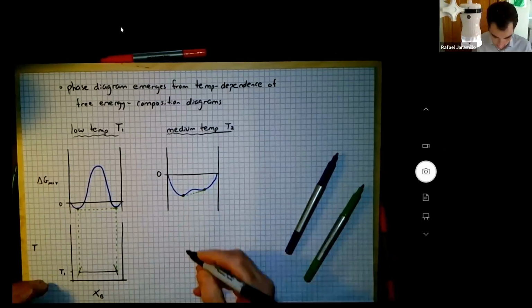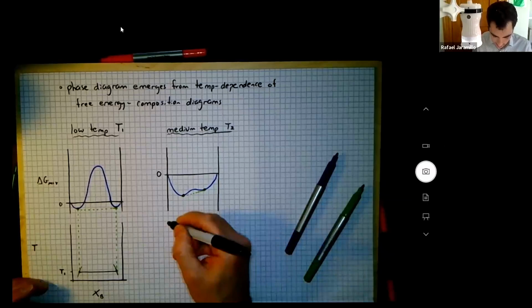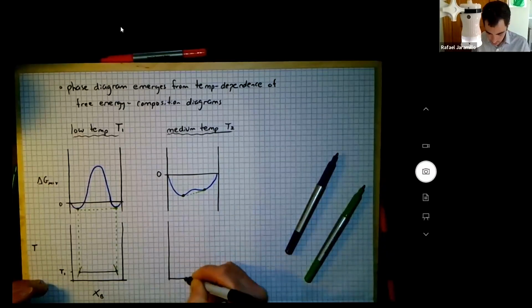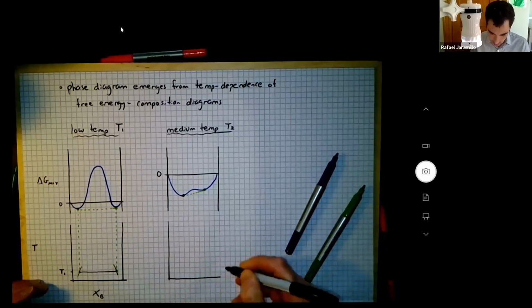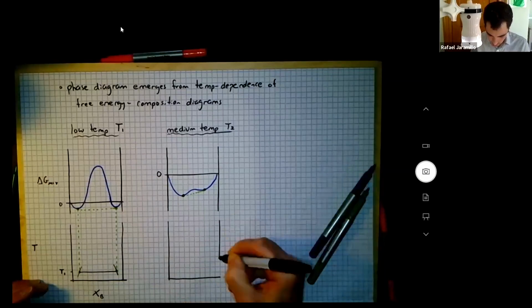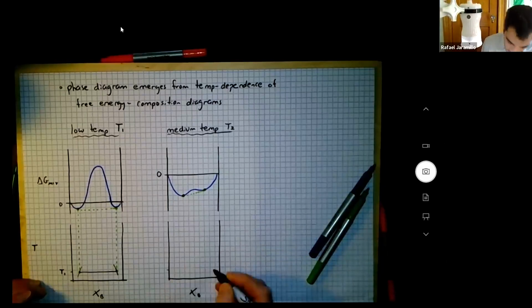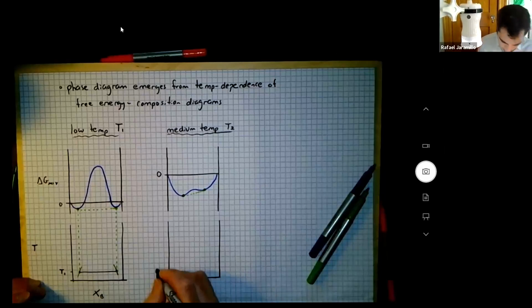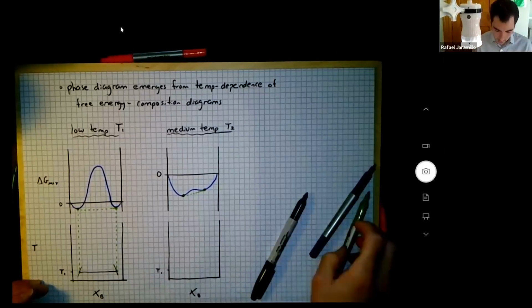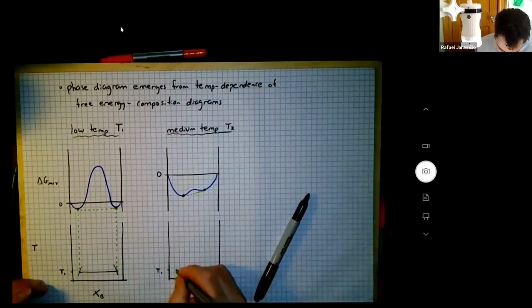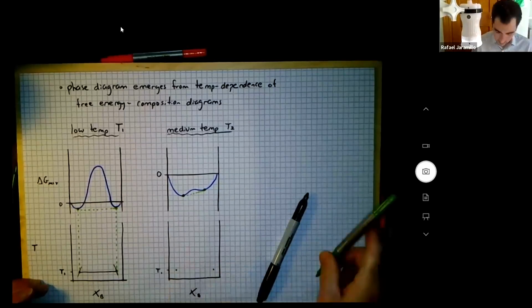Let's draw the corresponding phase diagram. And this is X_B. Right. At T1, I had coexistence at, let's say, here and here, being a little bit rough with that, right?